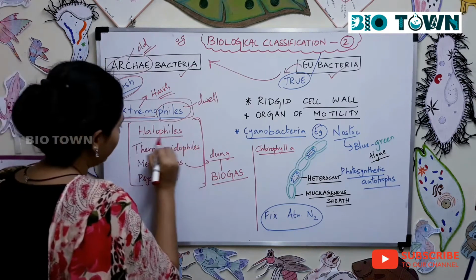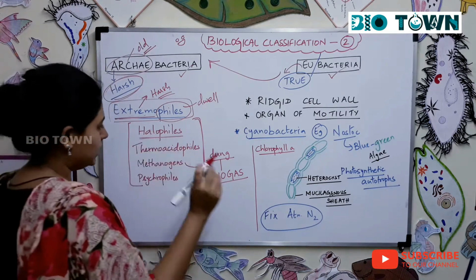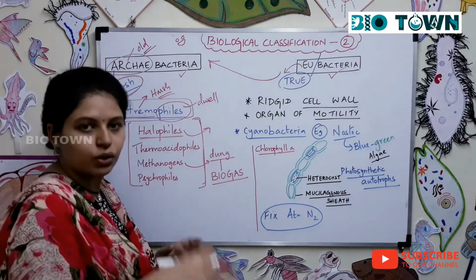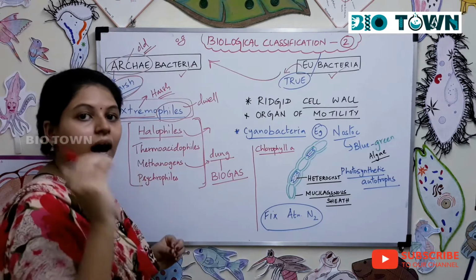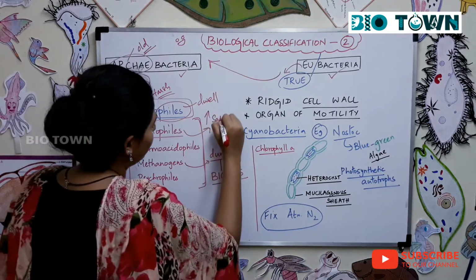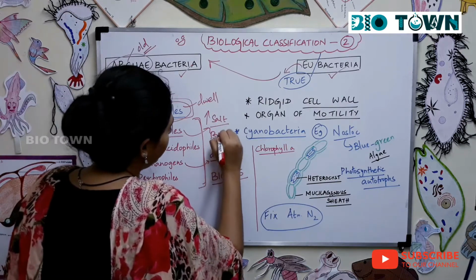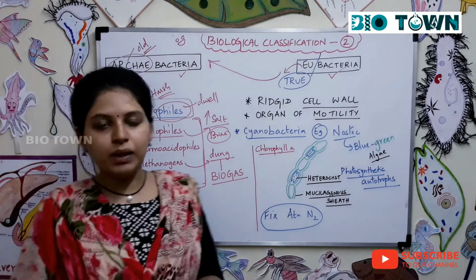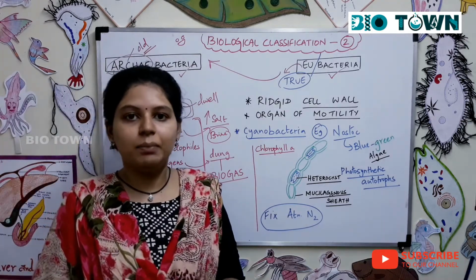First is halophiles. Any bacterium that lives in a solution or any place that has a high amount of salt content is called a halophile. For example, brine solution. Let's take a very simple example. Your mom is making pickles, right?